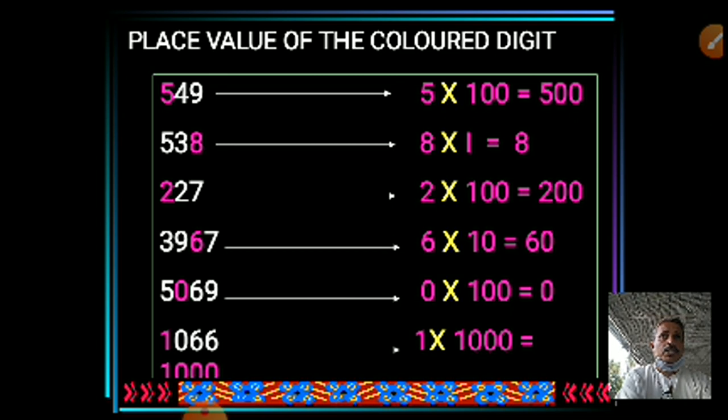Yes, keep it in your mind always: whenever 0 is multiplied with any number, it becomes 0. That is why in this example the value of this digit is 0. In the same way, here 1 is lying in the 1000 place. So 1 into 1000 gives you 1000.